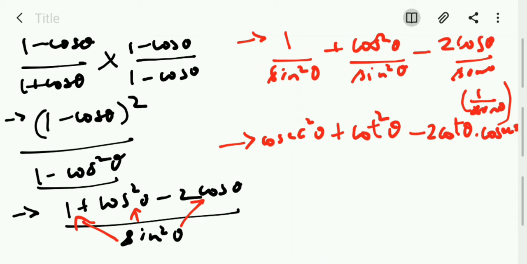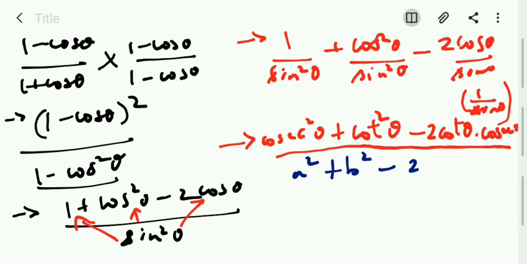Cosec theta. Now if you look at this equation very carefully, you have something like a square plus b square minus 2ab, correct? a is cosecant, b is cot, and so it is in the form of a square plus b square minus 2ab, which is nothing but (a minus b) whole square.